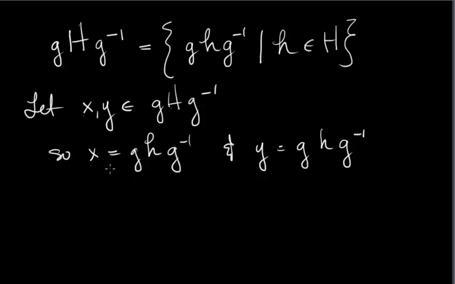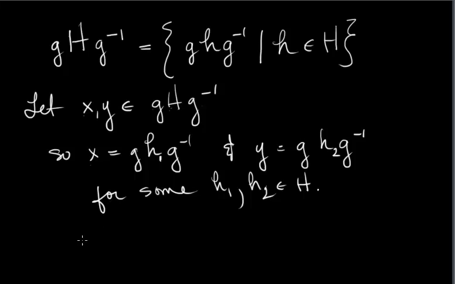So I'm not going to do that. I'm going to say h1 and h2. I mean, they might be the same, but we want to indicate different elements of H, or the possibility of being different. For some h1, h2 in H.